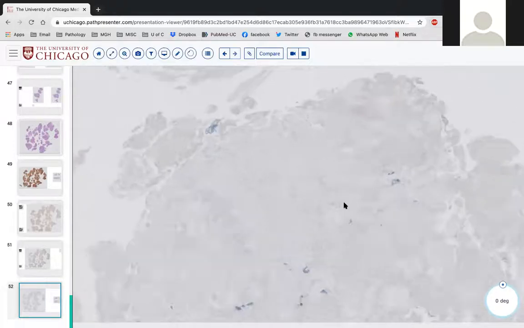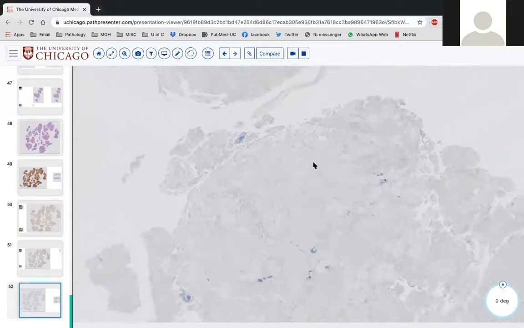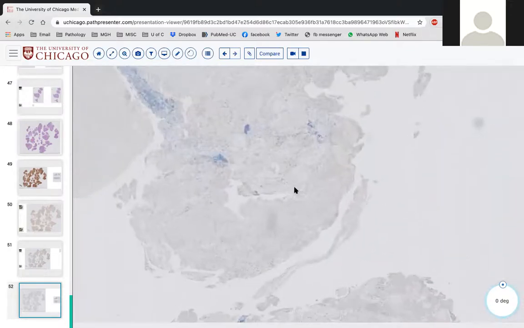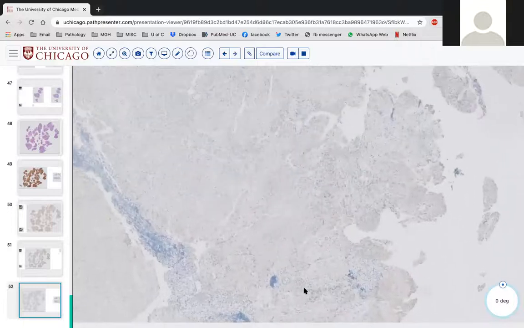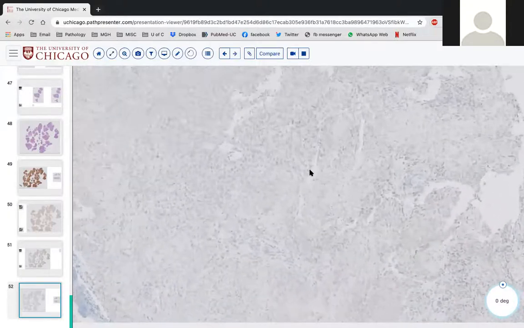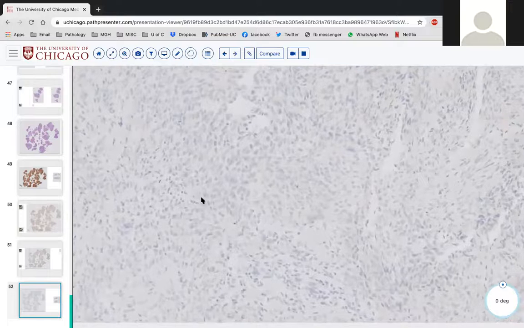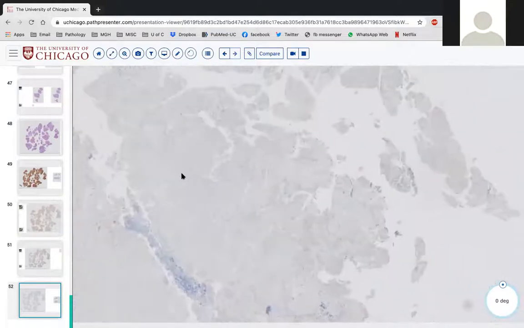But yes, this was diagnosed as a schwannoma, and this is also a good reminder about the anatomy of the parotid gland, that the facial nerve does pass through the parotid. So you can have nerve sheath tumors that on imaging appear to be salivary gland tumors or appear to be within the gland, but are actually nerve sheath tumors and not tumors of salivary origin.